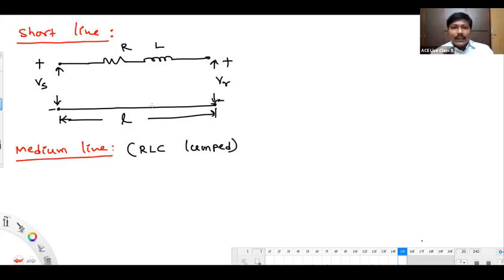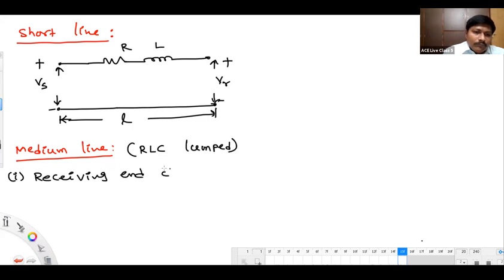First one: the total shunt capacitance of the line we keep at the receiving end side. We name it the receiving end capacitor model. So first I am taking up the receiving end capacitor model.